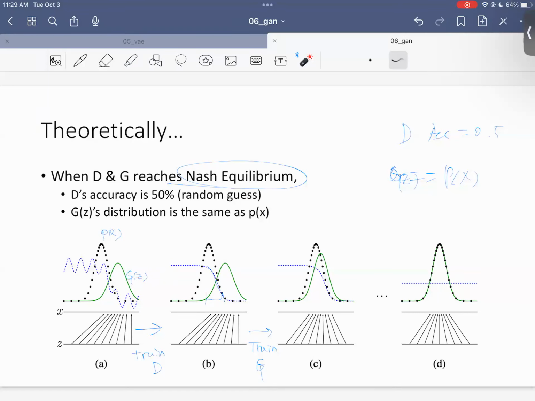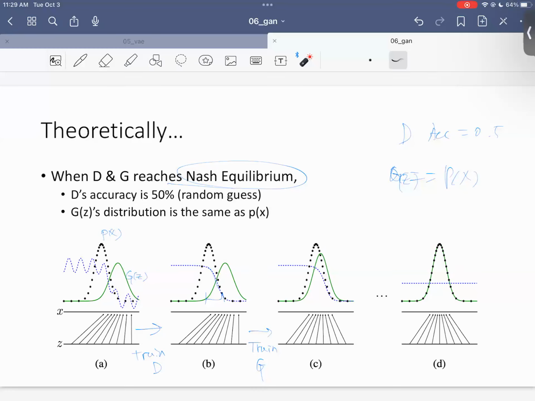I've used that trick a couple times, but it doesn't guarantee that you have reached Nash equilibrium, because that could mean that maybe D is underperforming. Maybe D hasn't reached its true potential. Like D is underfitting, for example. You remember overfitting, underfitting, right? So maybe D is underfitting, and that is why it's not able to distinguish between real and fake.